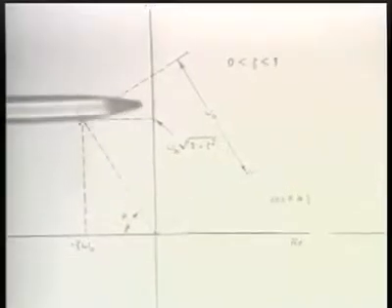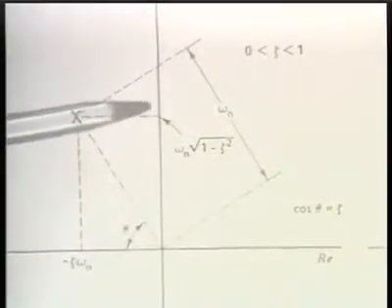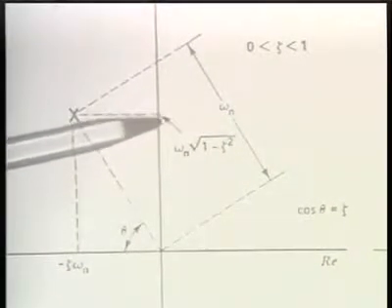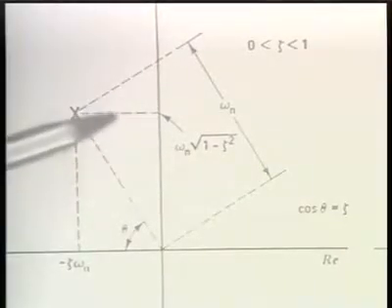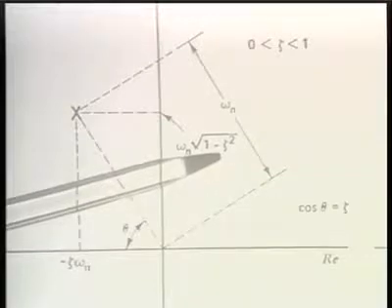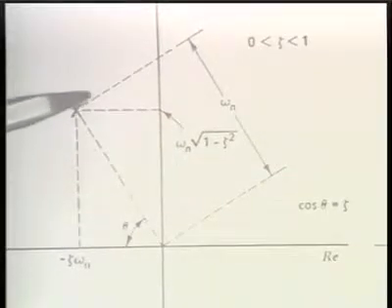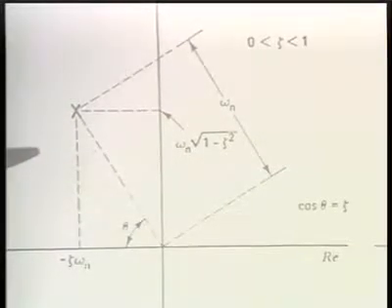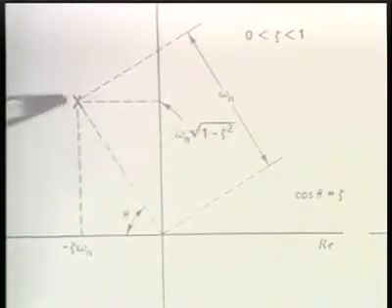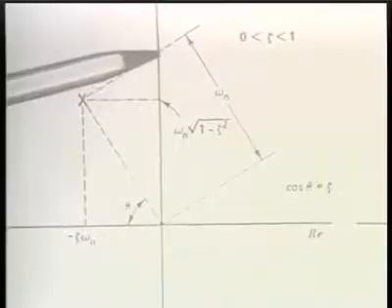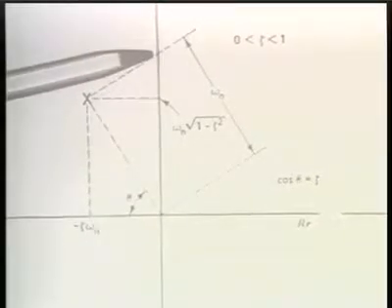And you can explore this in somewhat more detail on your own, but essentially what happens is that as you keep the parameter omega sub n fixed and vary zeta, these poles trace out a circle. And for example, with zeta equal to 0, the poles are on the j omega axis at omega sub n.